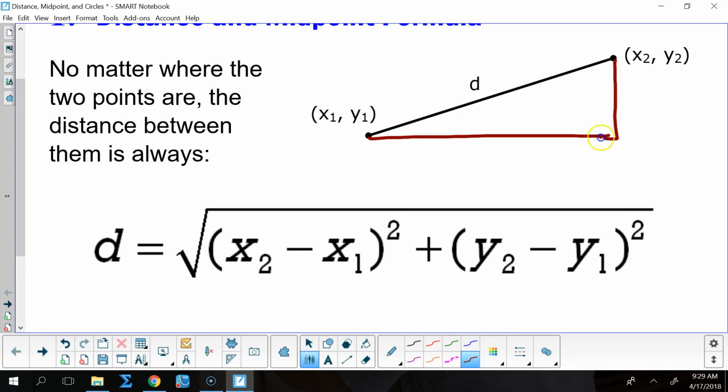So if I take this and I make it into a right triangle, I would first need to find this distance down here. That's kind of like the run in rise over run, so I'd have to subtract my x's.